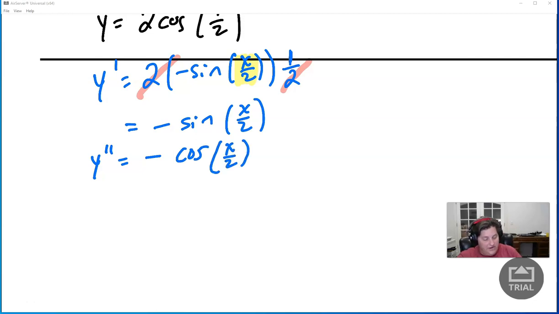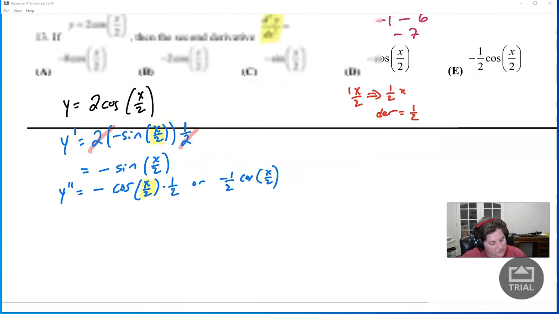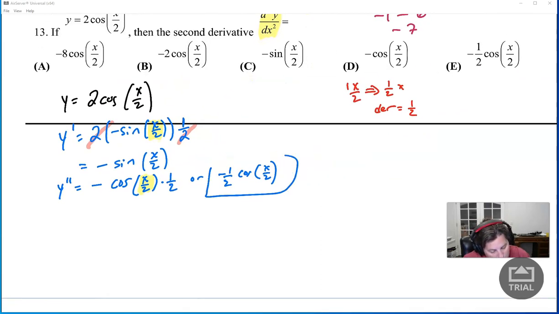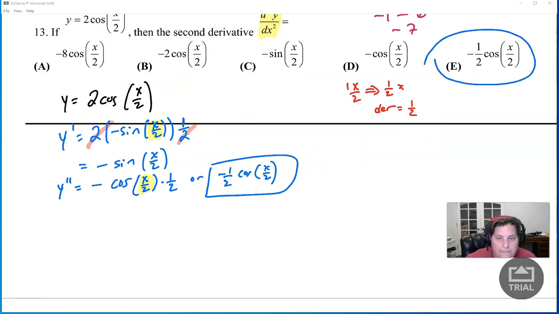And then because of chain rule, I'm going to multiply by 1/2. Okay, so I would probably write this as negative 1/2, I'll just move that to the front, cosine x over 2, which is right there. All right.